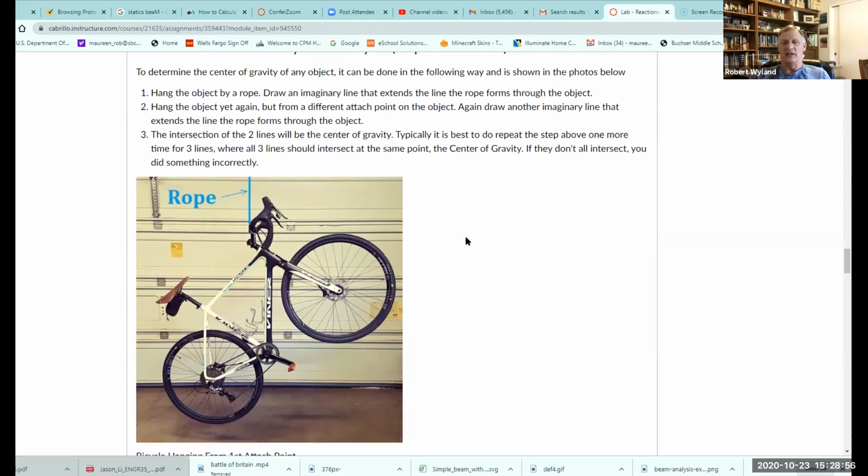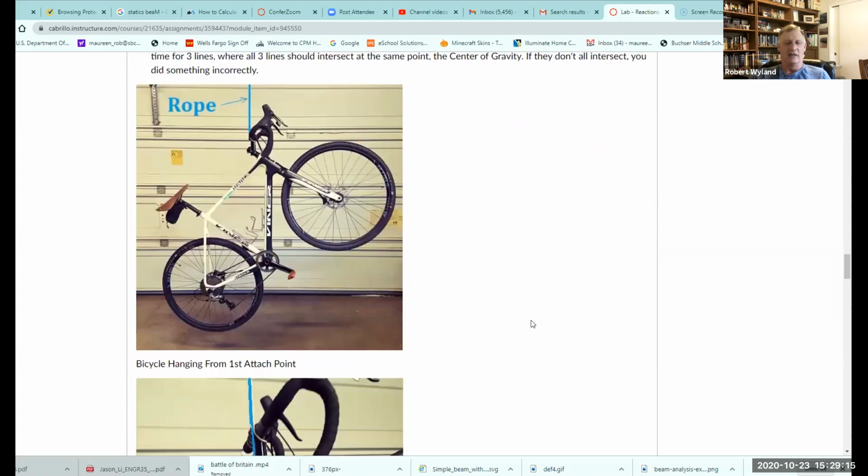It's just taking the entire object, and what you do is you basically hang it from a rope, and you just continue drawing lines straight down from where the rope is through the body, and eventually, if you hang it in enough different locations, the intersecting points will describe the center of gravity.